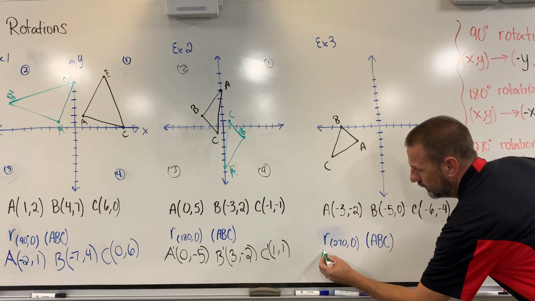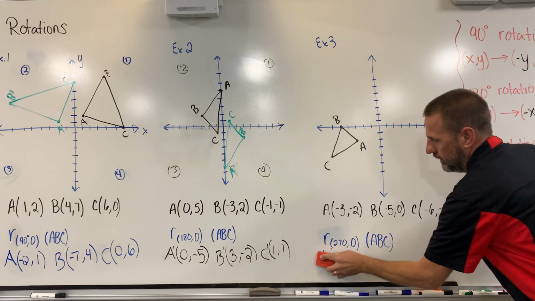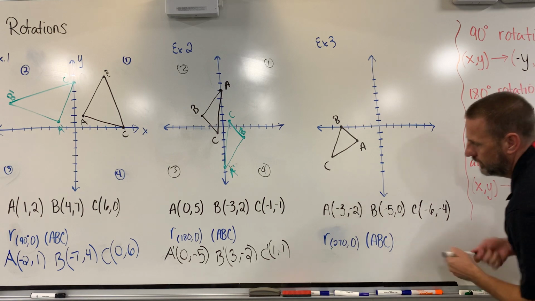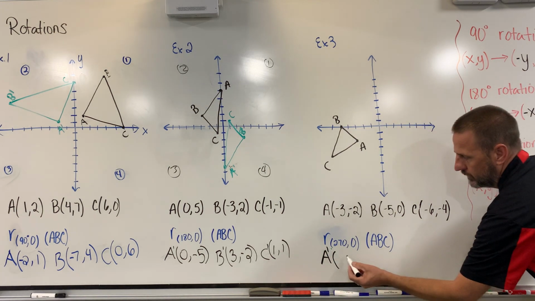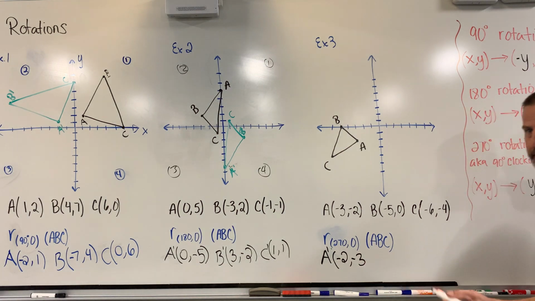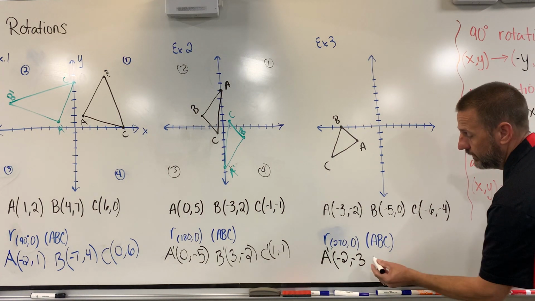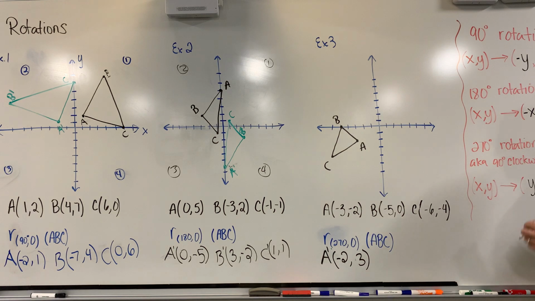Okay, so what we're going to do is we're going to write them down. So we have -2, -3. I'm going to write them as they are. But remember, I'm switching the second value. 90 degrees, I switch the first value.